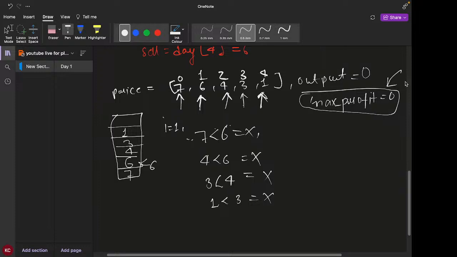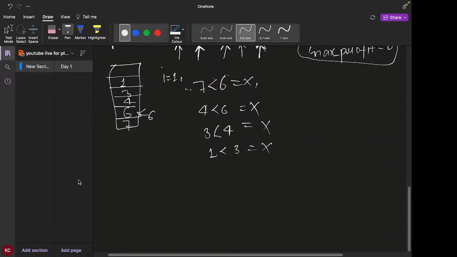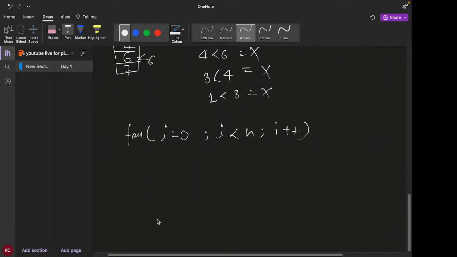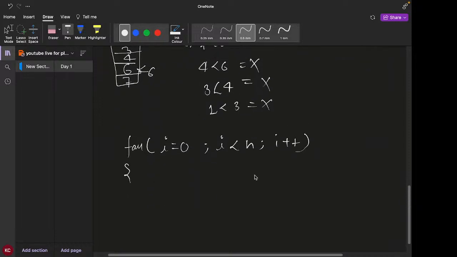So what will be our algorithm? We will run a loop, i is equal to 0 to i less than n, let's suppose the size of the array is n, and i plus plus. Again we have to use a stack.